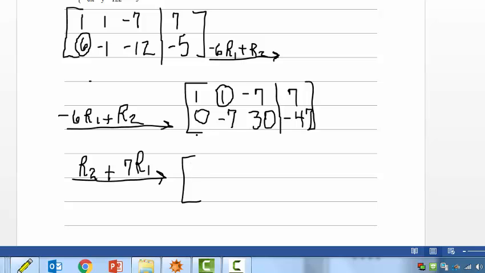So row 1 plus 7 times row 2 gives me a 7 in this first position. And notice, let's copy our anchor row. We get zeros in column 2, so we don't make any changes to row 2.